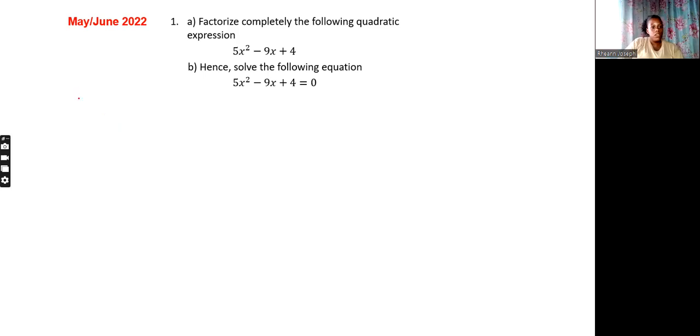Okay, great. So number one, we want to know the values for a. So a would be 5, our value for b would be 9, and our value for c would be 4.